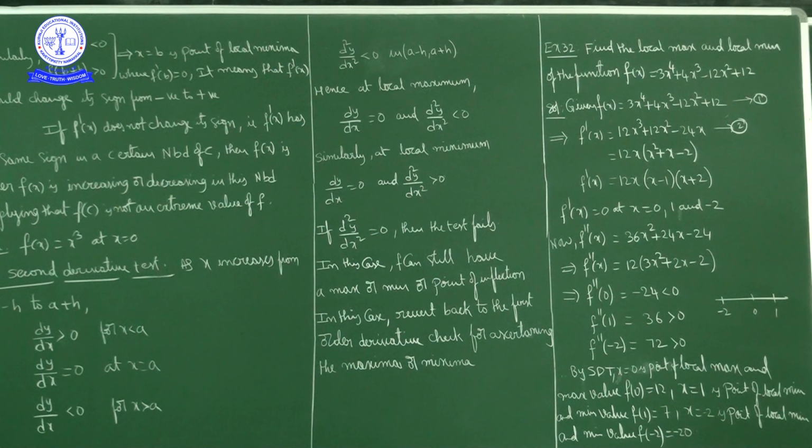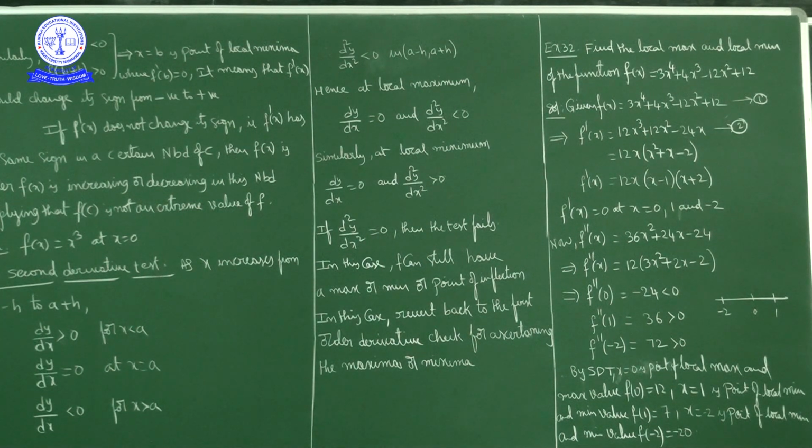For the local minimum value, in place of x we substitute 1 in f of x, which is the sum of coefficients: 3 plus 4 minus 12 plus 12, minus 12 and plus 12 cancel, 3 plus 4 is 7. So f of x has a local minimum at x equal to 1 and the local minimum value is 7.